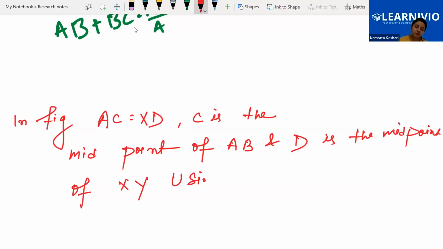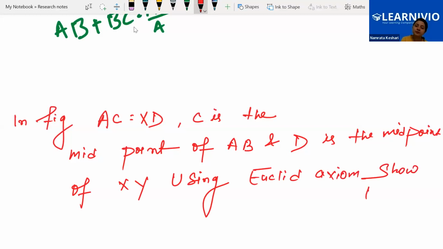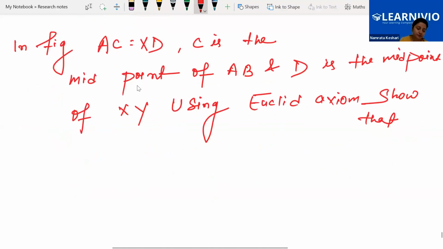Using Euclid's axiom, show that AB is equal to XY. The figure is this one.